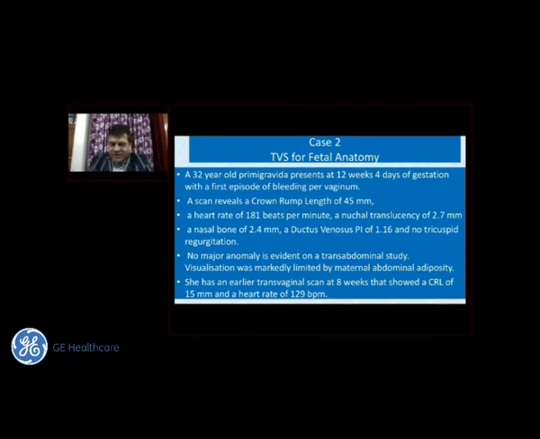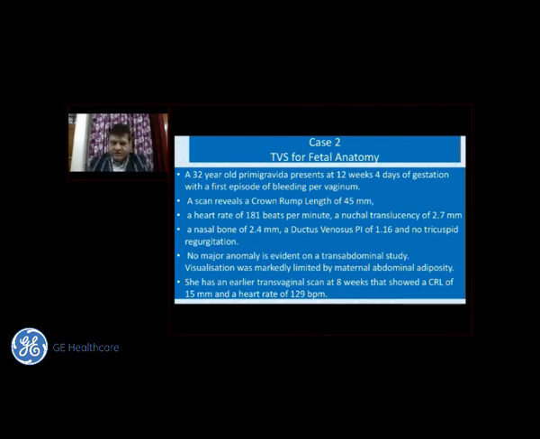Right. So very quickly moving on to the next one. Now this is again a very important one. This is a 32-year-old primigravida who presents in the first trimester, at 12 weeks 4 days of gestation, with the first episode of bleeding per vaginum. You do the ultrasound and the CRL is 45 millimeters, the heart rate is 181 beats per minute, the nuchal translucency is 2.7 millimeters, the nasal bone is 2.4 millimeters, the ductus venosus PI is 1.16, and there is no evidence of tricuspid regurgitation.